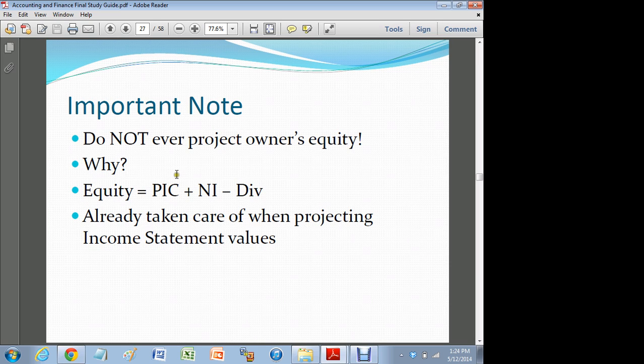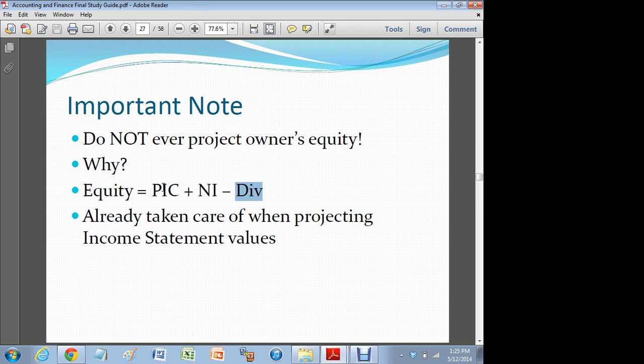On one hand, it's the difference between assets and liabilities, but on the other hand, there are three components of it: PIC, net income, dividend. And each of these three, we can figure out where they come from.